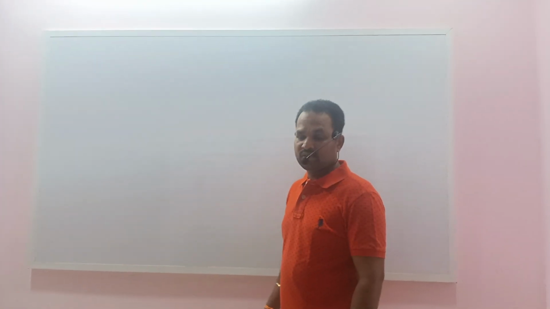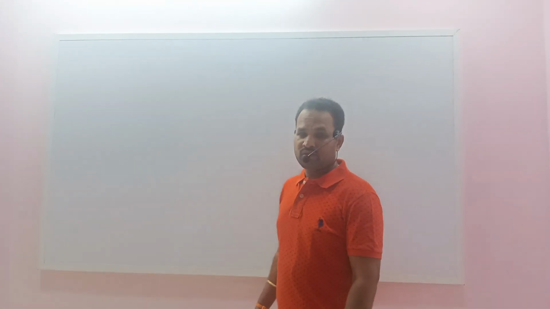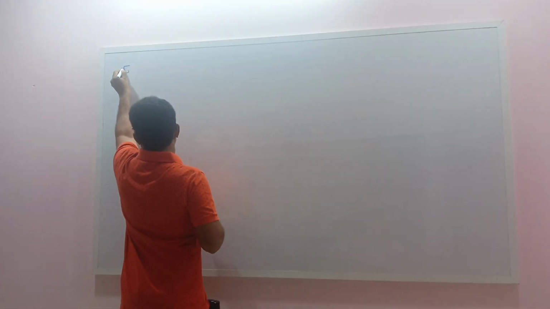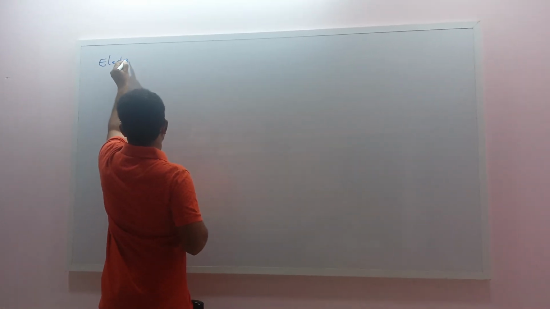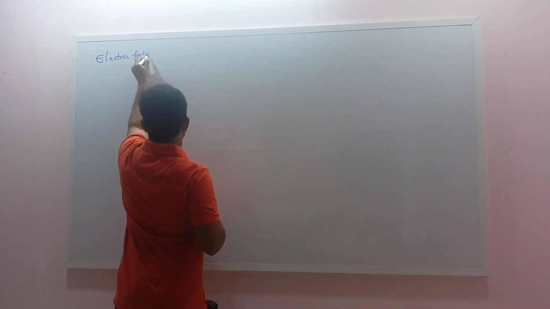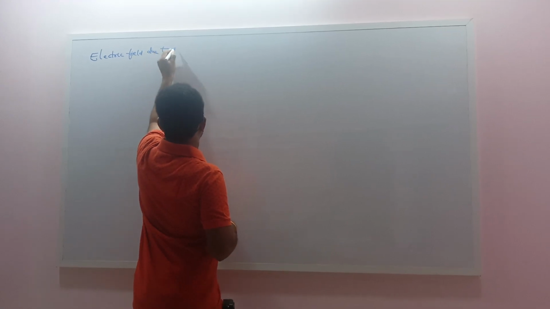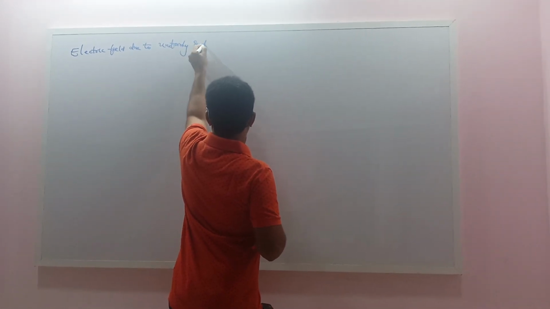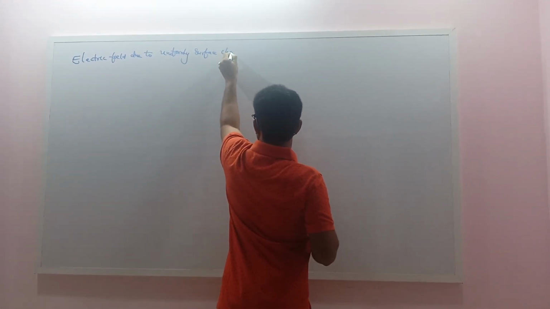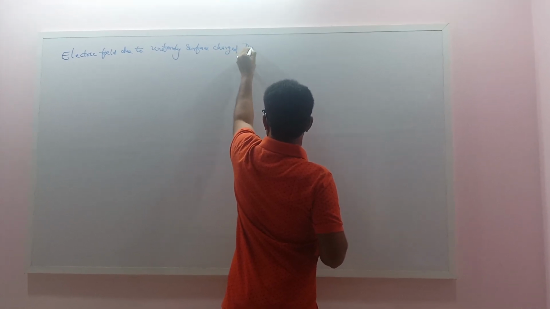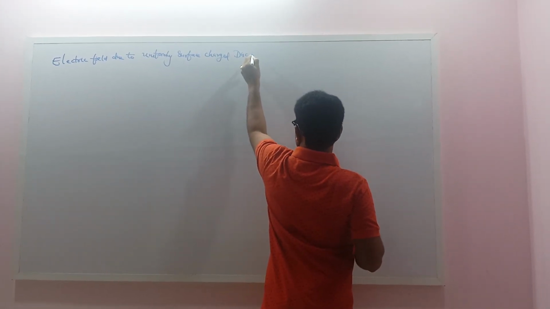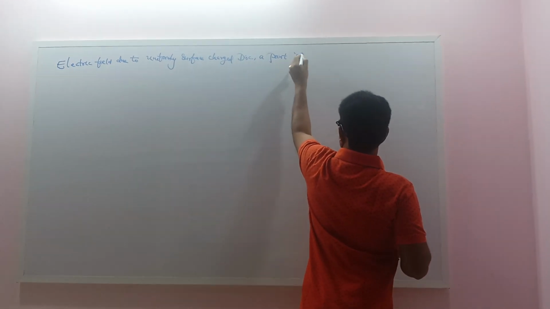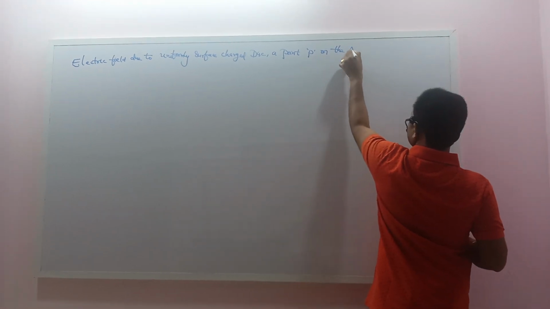Now I will discuss the electric field due to a uniformly surface charged disk, at a point P on the axis of the disk.